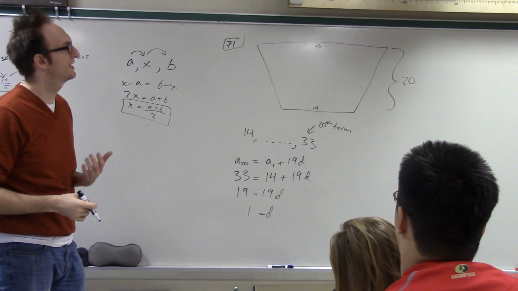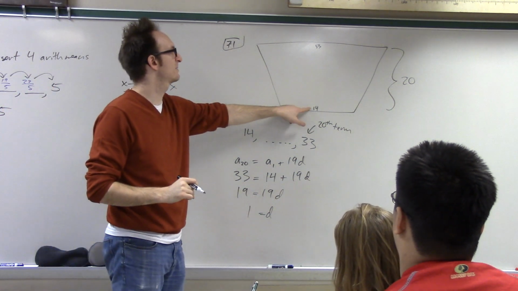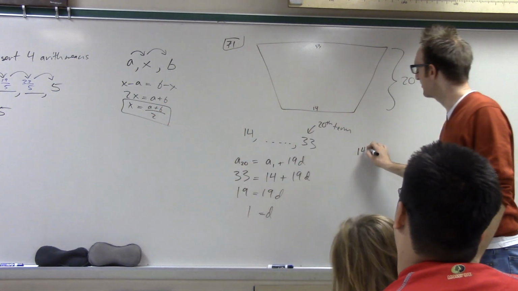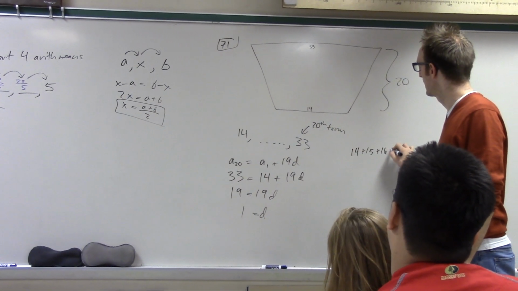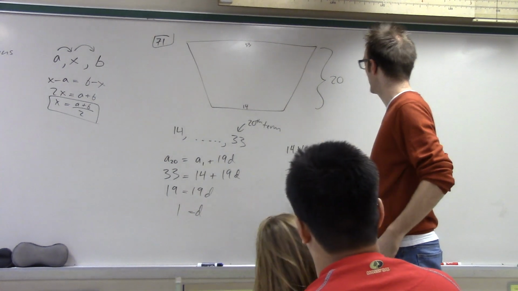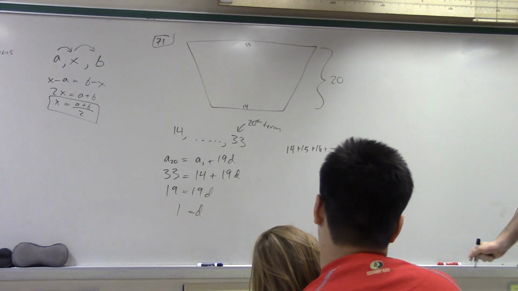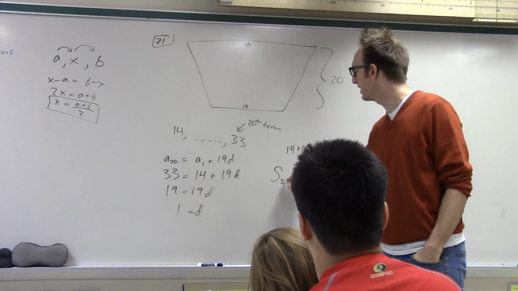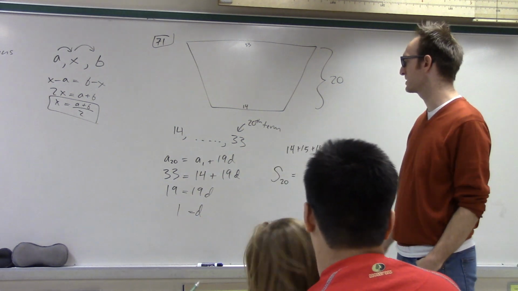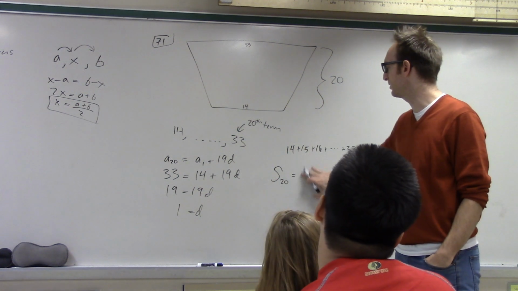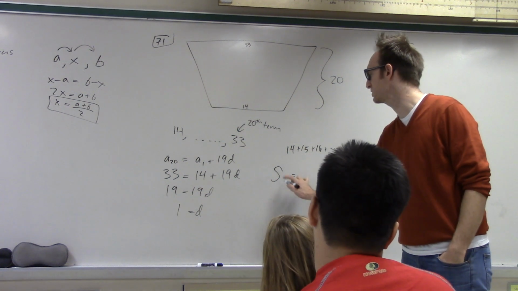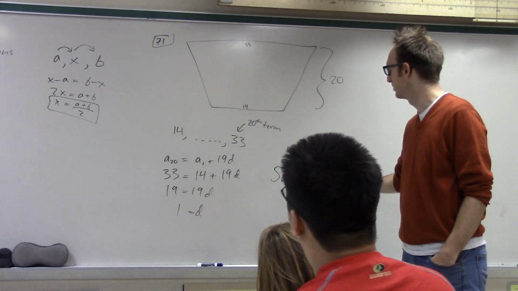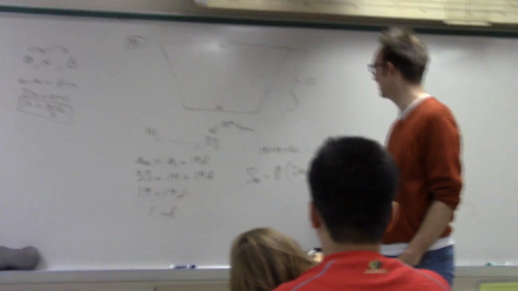So really, this is just telling me to add up the numbers between 14 and 33, right? I need to add up 14 plus 15 plus 16 all the way up to 33. I can think of 2 ways to do this. The easiest is to just use the formula, which we did on Monday. In general, the sum of the first n terms is n over 2 times (2 times the first term plus (n minus 1) d).